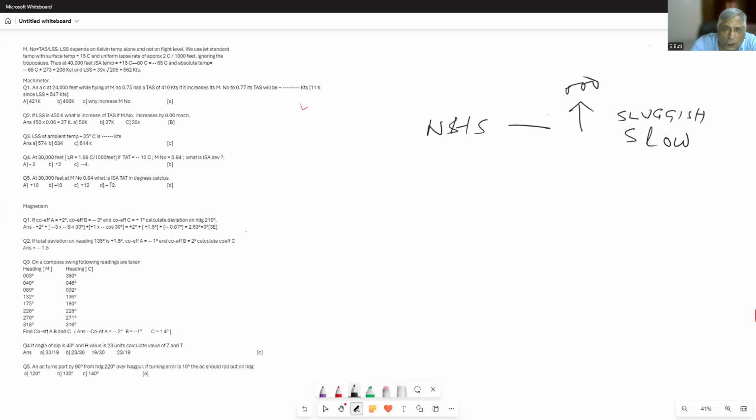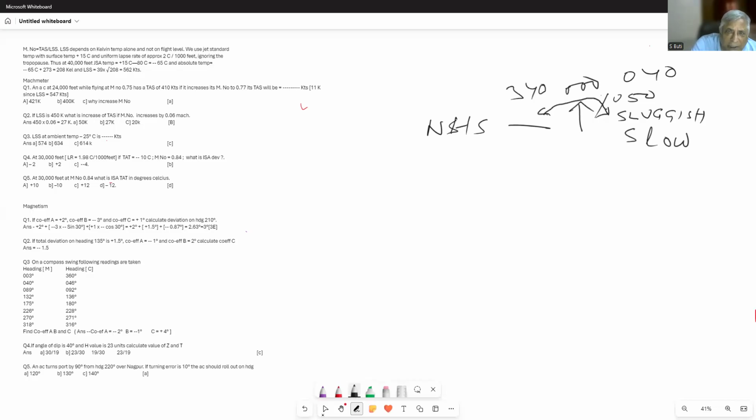So if you have to turn from 340 to 050, compass is slow, and if the error is 10 degrees, you roll out at 040 itself. You will roll out early.